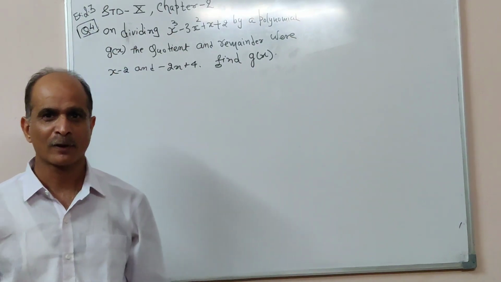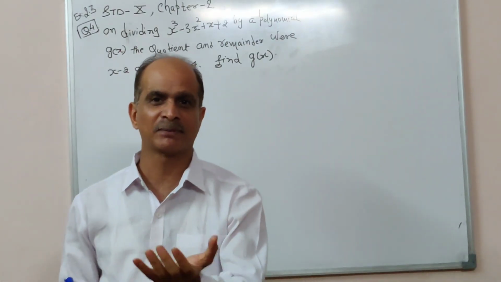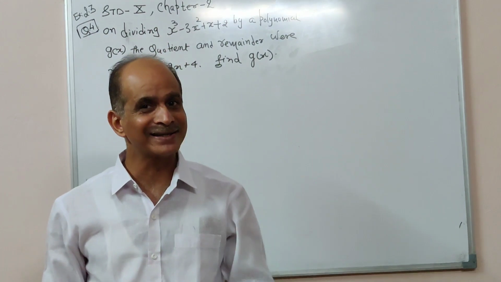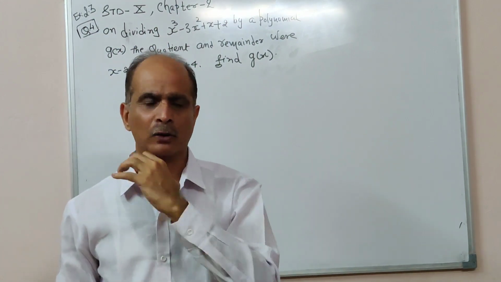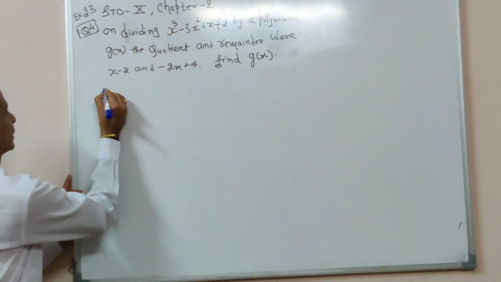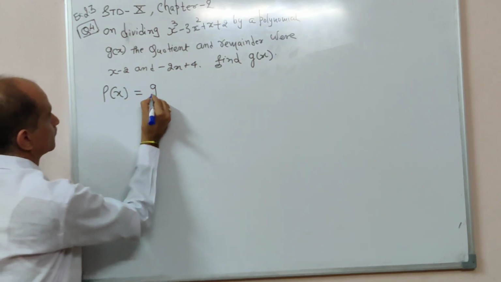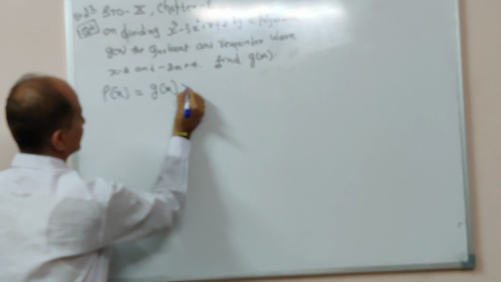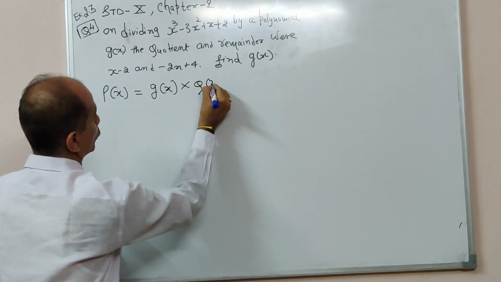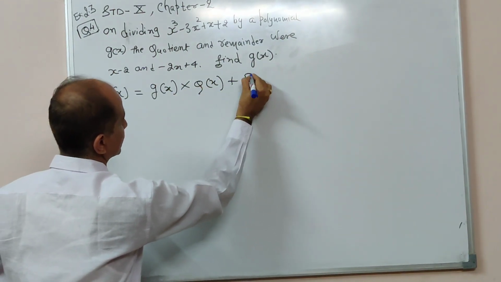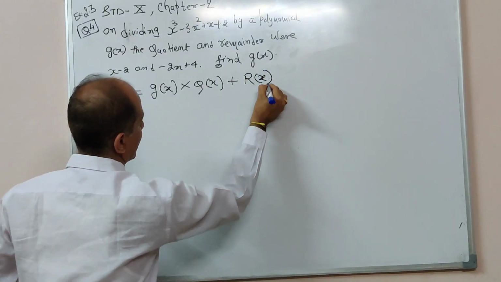So again you have to use concept number 11, that is the division algorithm. You know what the division algorithm is? p(x) is equal to g(x) into q(x) plus the remainder, that is r(x).